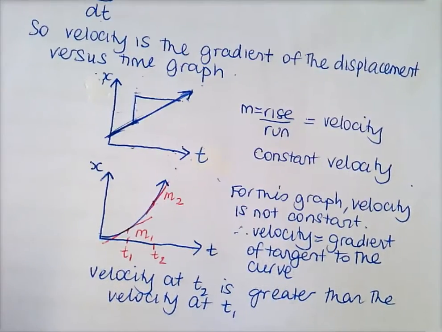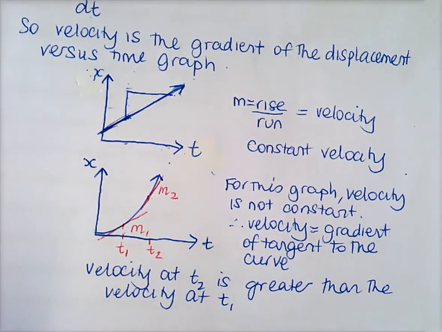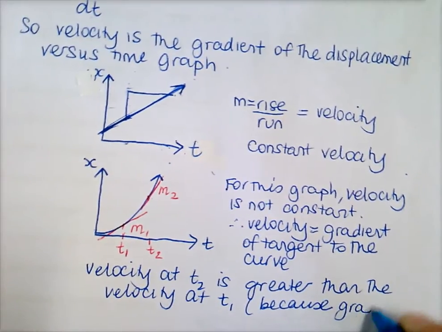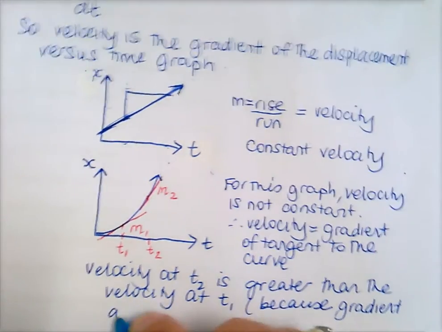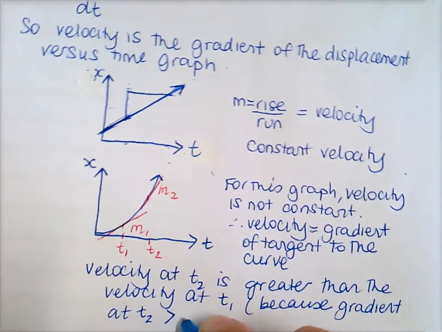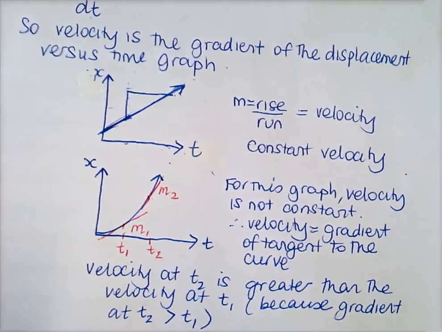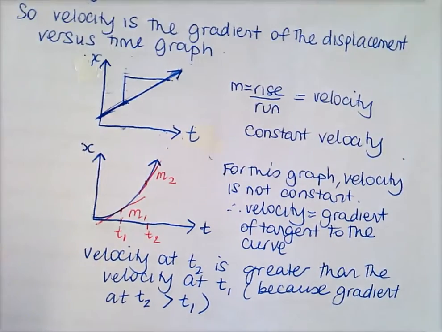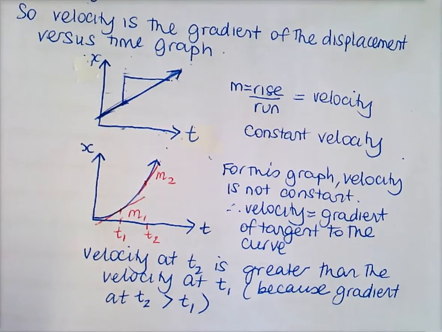We can see because the gradient is steeper, because the gradient at t2 is greater than the gradient at t1. Okay? All right. We'll talk about acceleration a bit later.